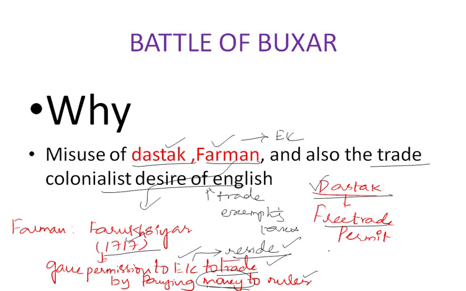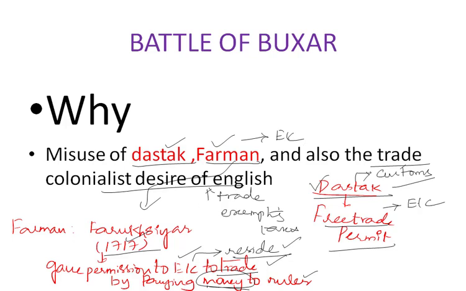And what does the Dastak mean? Dastak was a trade permit sanctioned to the East India Company by the Mughal king. If East India Company people produced this Dastak, they could skip paying customs duty. But in practice, some private traders of the company misused this free trade by producing the Dastak.